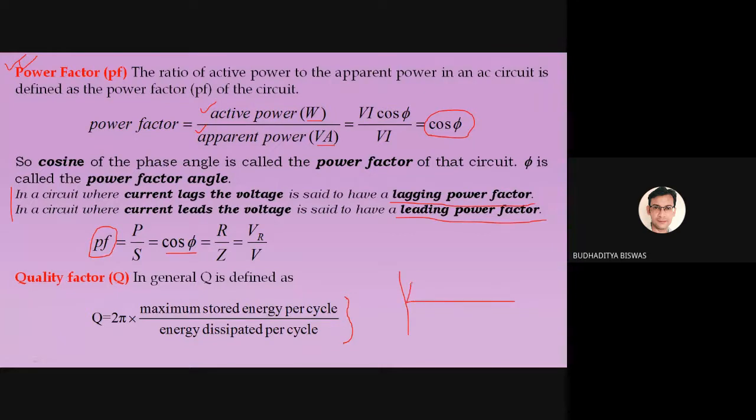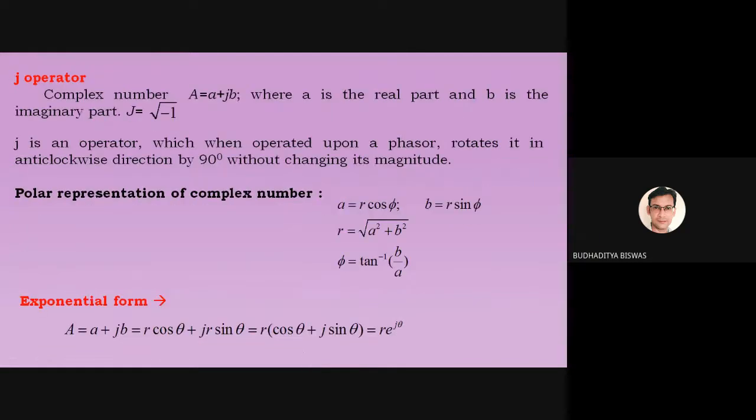In case of a pure sine wave, whatever energy is stored in the positive half, all the energy is released in the negative half, because these two are identical. That's why in case of a pure sine wave, this factor is 0. If any other form is there, then we need to find out the maximum stored energy per cycle and how much energy is dissipated per cycle. This is called the quality factor.